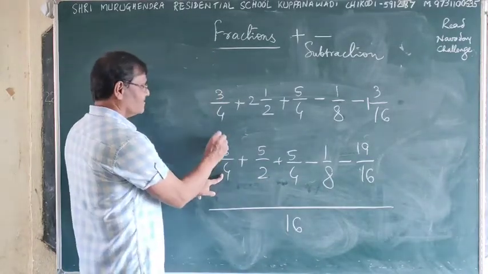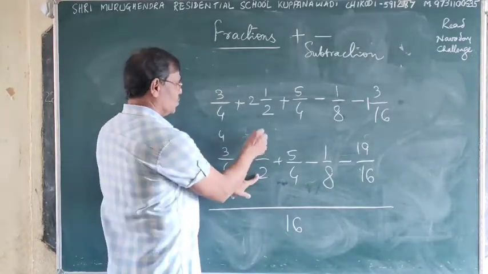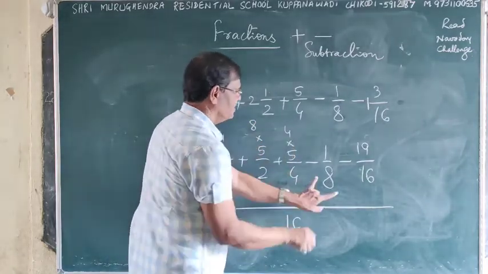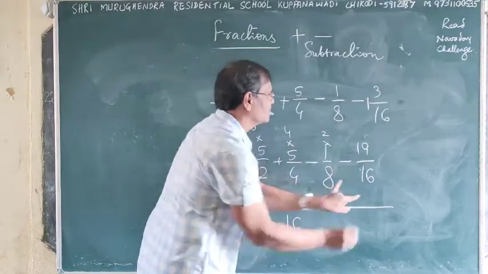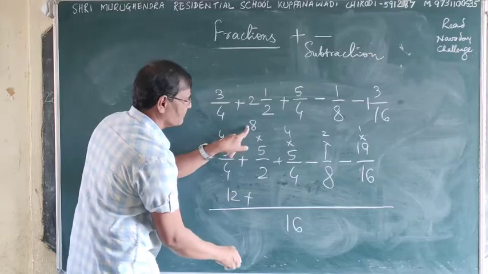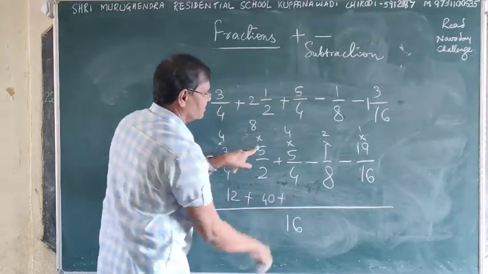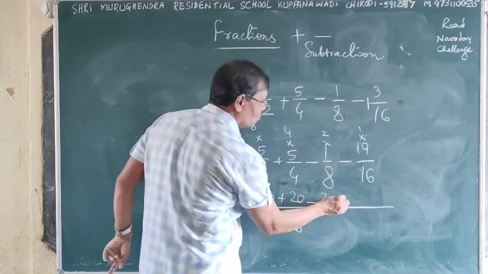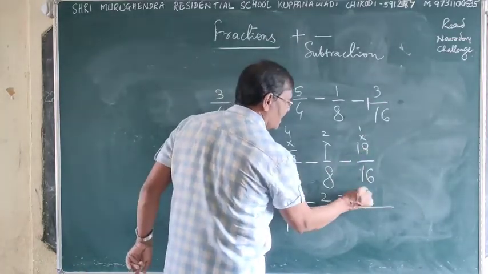So 4 4s are 16, 2 8s are 16, 4 4s are 16, 8 2s are 16, 16 1s are 16. 4 3s are 12 plus 5 8s are 40 plus 5 4s are 20 minus 2 1s are 2 minus 19 1s are 19.